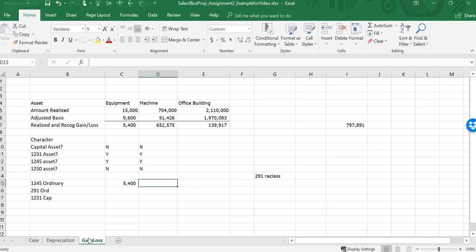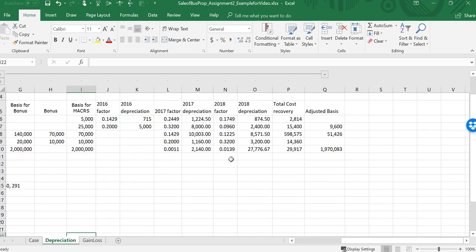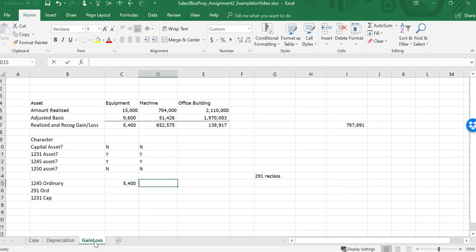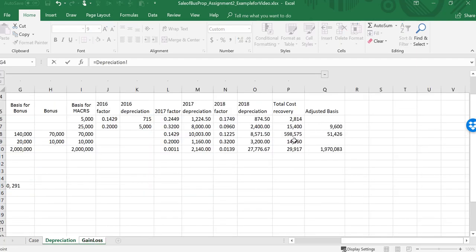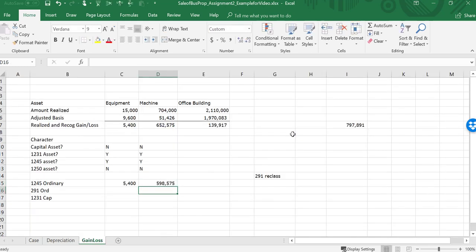Okay, so we need to recapture the gain as ordinary to the extent of the depreciation taken. How much depreciation did we take? So look, our gain is 652. Our depreciation is 598. That's less. So let's recapture all of the depreciation on the sale of that machine.